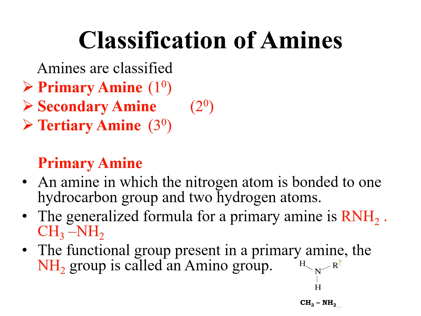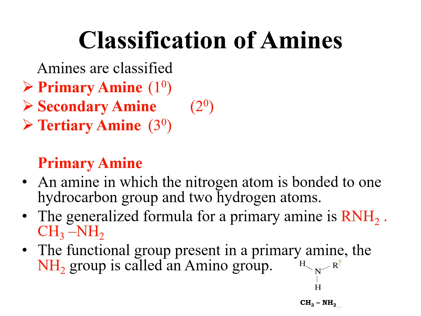As we discussed in our previous slides, amines are derivatives of ammonia, so depending upon substitution of hydrogen atoms with different alkyl groups, they fall into different categories. First of all, we shall talk about the first class of amines, that is primary amines.